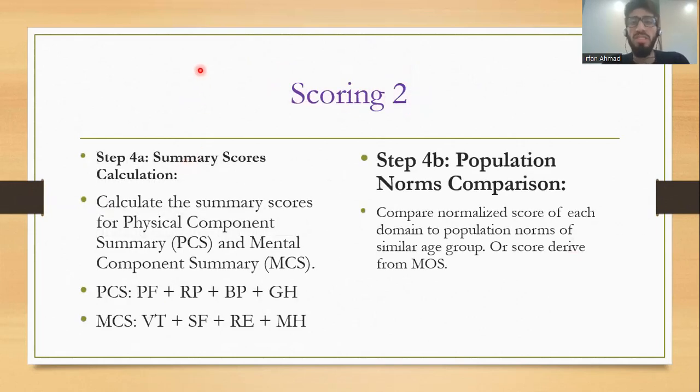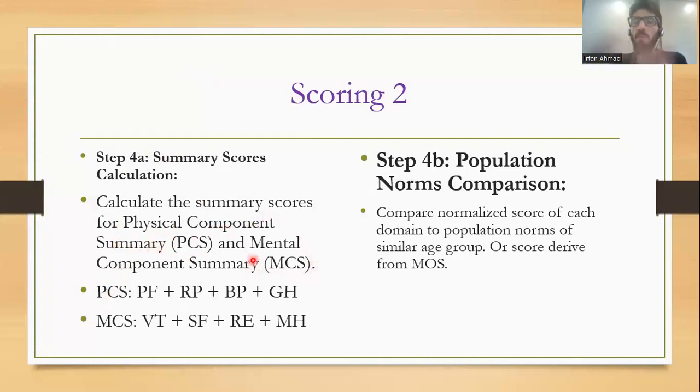If your research question needs some specific area or type of domain scoring, then you have to do this step also. This is the second way of scoring. You can calculate the physical component summary or mental component summary.